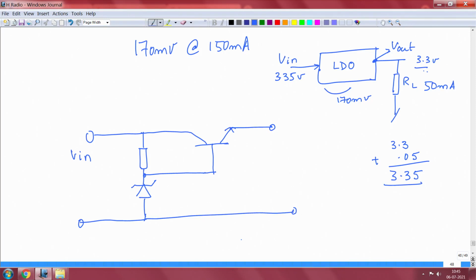I am sure you recall this picture. This is your RZ, current limiting resistor for the Zener, and this is a Zener regulator. Here is your V out, okay, and to your V out you can connect the load.